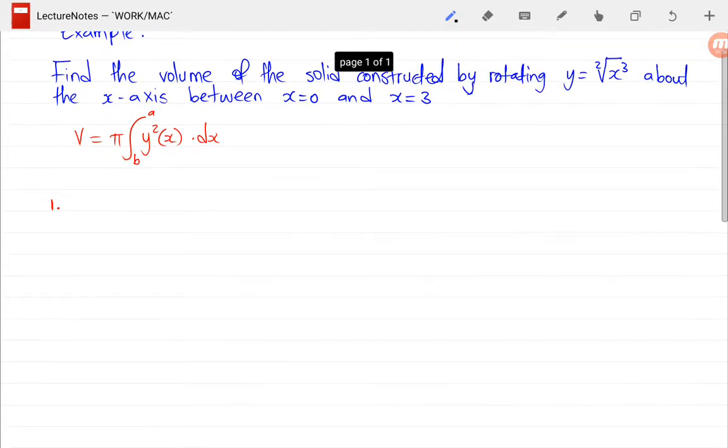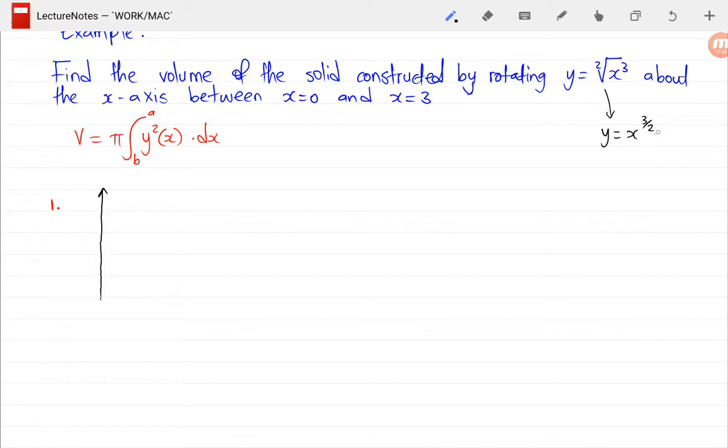If you do get confused, try finding out how I drew this; it's a very simple function, not too crazy. Notice that this can essentially be written as y equals x to the power of 3 over 2. It basically means the same thing.